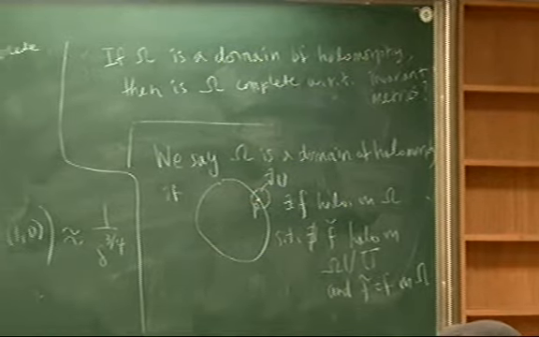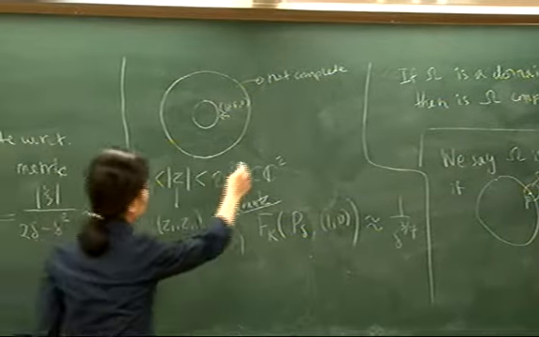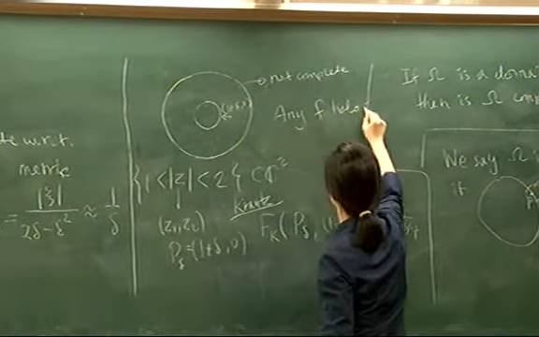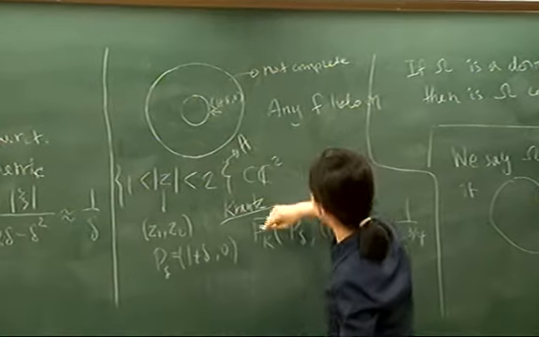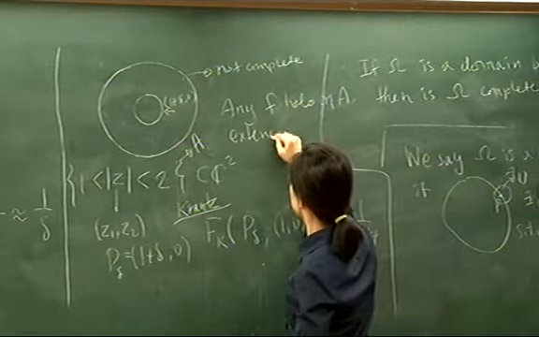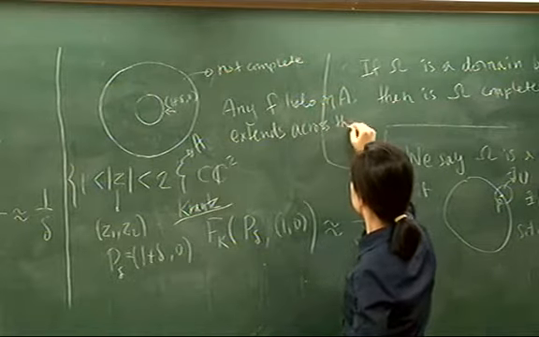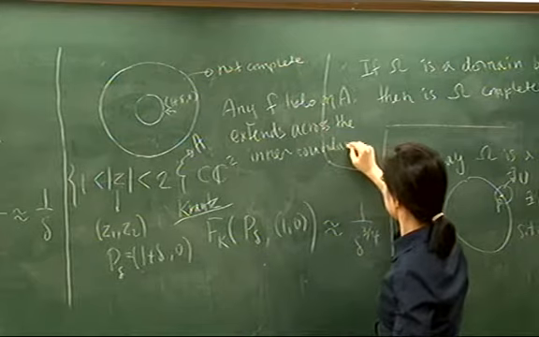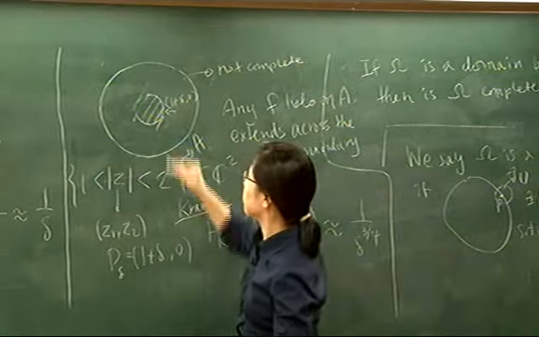And if you look at this domain, it is not a domain of holomorphy. Any F holomorphic on, let's say this is the annulus A, extends across the inner boundary and extends actually to the whole disk.